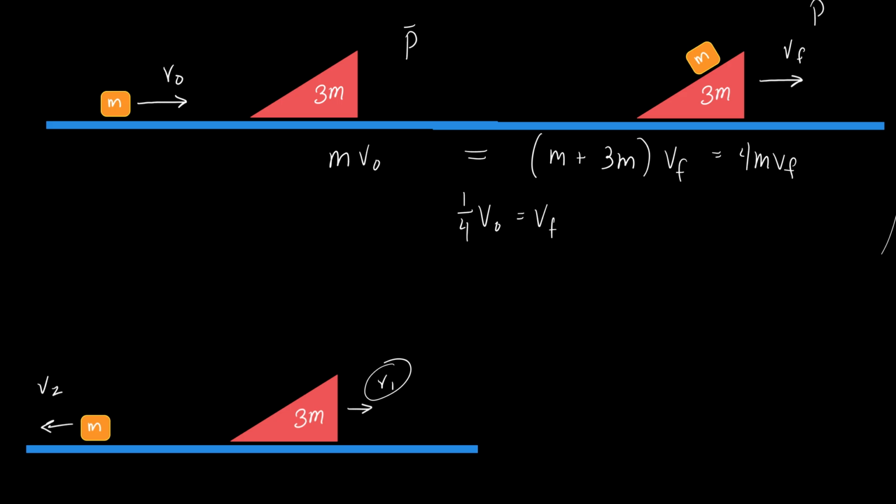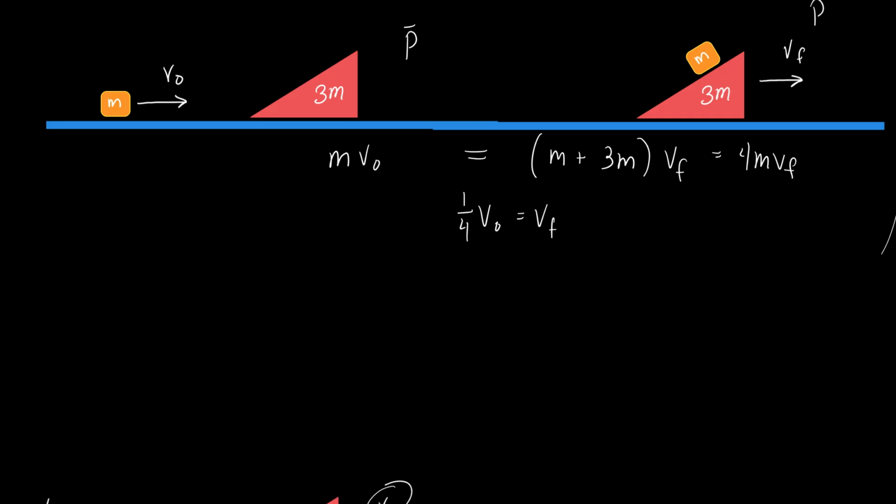Now that's the conservation of momentum part of this. That doesn't give you the height though. To get the height, you have to realize that in this problem, energy is also conserved. Now, when I say energy is conserved, what I mean by that is that the energy of the system here, with just the one block moving, has to be equal to the energy of the system here, where both the block and the wedge are moving, because there's no losses of energy to the outside.